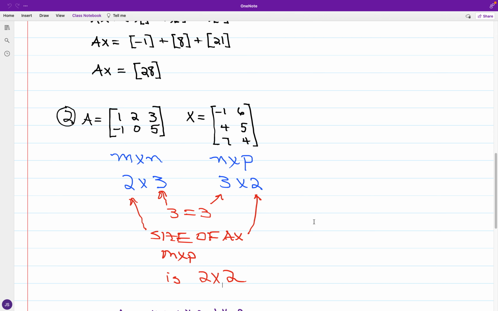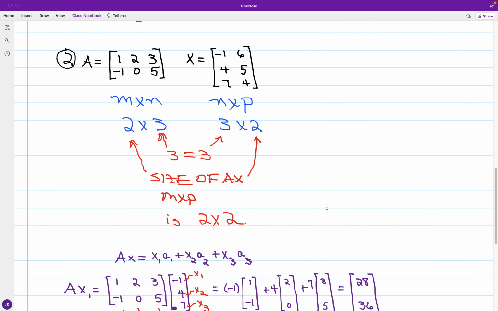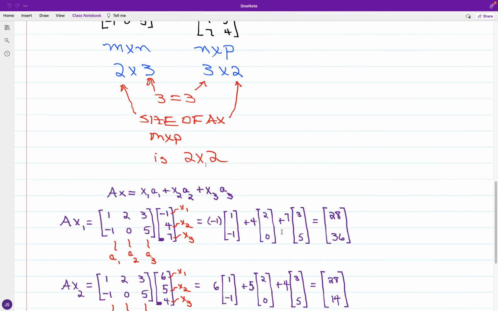To initiate the process, for what I have in X, I'm going to take each column and multiply by A. So I look at the first column from X and multiply it by all of matrix A.